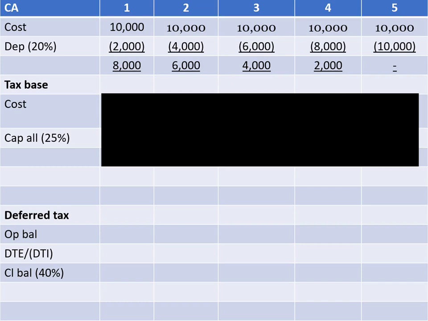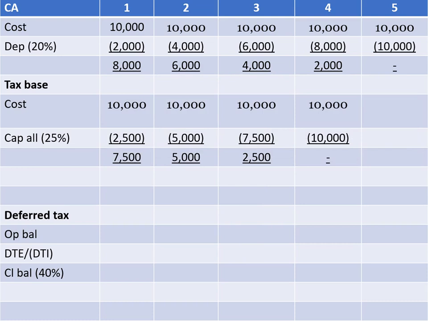For the tax base, it's pretty much the same thing, but we've been told that for our tax base, it's a 25% rate. So that's the rate of capital allowance that we are given. So it's over a 4-year period that we write it down. We end up taking 10,000 less 2,500, so we end up with 7,500 in year 1, and it's basically the same thing after that, but obviously we have fully written it off for tax purposes at the end of year 4.